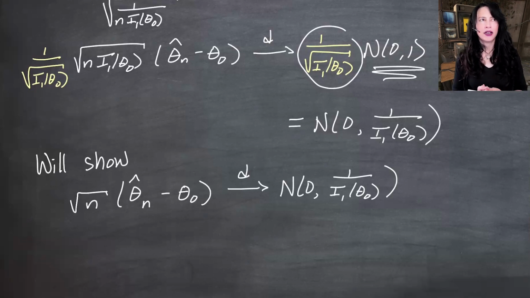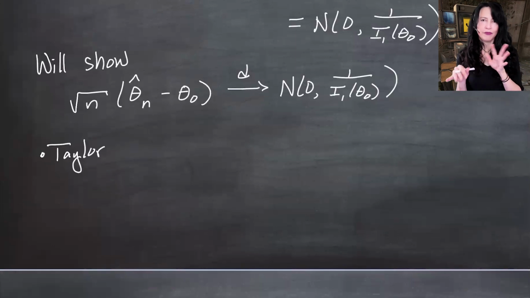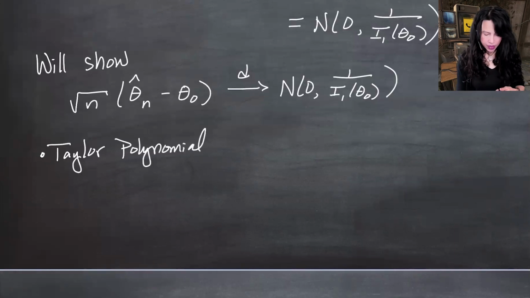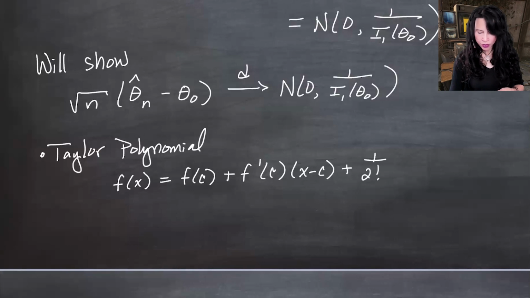Let's consider a Taylor polynomial. Recall that if you have a function f, which this is just me restating Taylor polynomial stuff. This is not the PDF, so this is just sort of an aside. But if you have a function f and you expand it around a point c, you can write this as f of c plus f prime of c times x minus c plus 1 over 2 factorial f double prime of c times x minus c squared plus 1 over 3 factorial, etc. But if you cut it off, and I'm going to cut it off here with this term, then you don't put the c in.